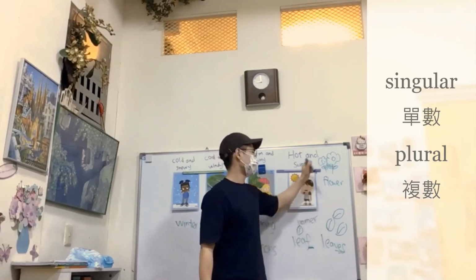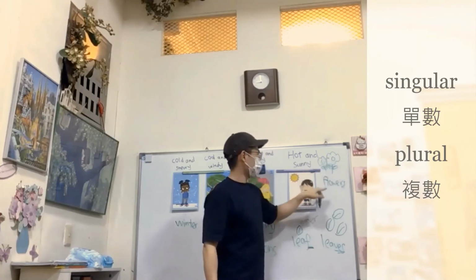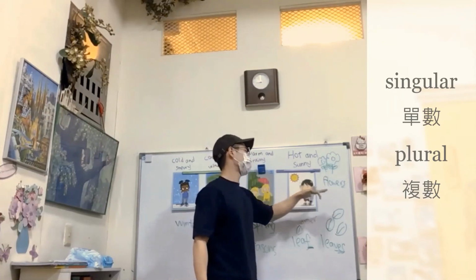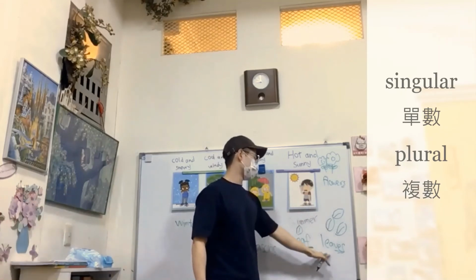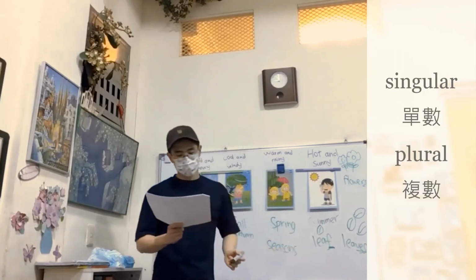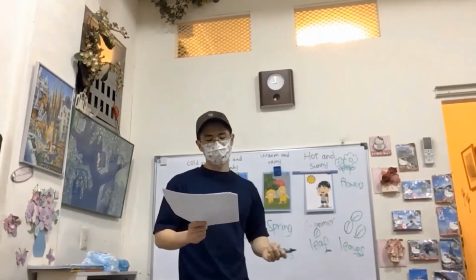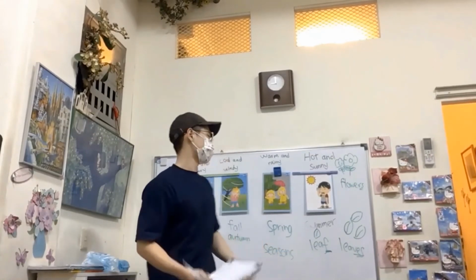Alright? By adding an S at the back. Okay? So the flowers is easier to remember, right? Unlike the leaves, where you need to take out the F and add the VES. Right? Okay? So we also learned 2 new vocabs in this chapter, right?